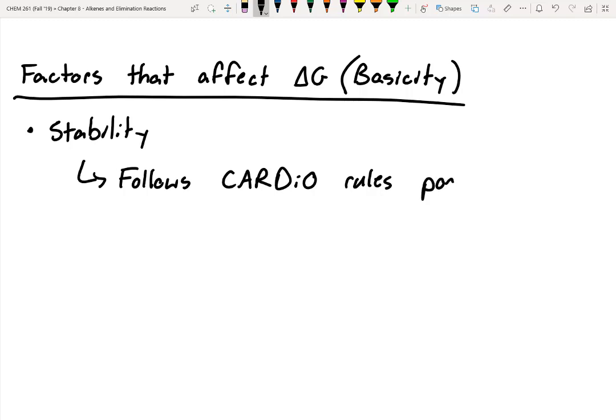Another way of describing this is it follows them poorly, right? We want our negative charge to be on a non-electronegative atom, or we want it to be on a small atom or something like that. So we can follow all of these rules for stability.